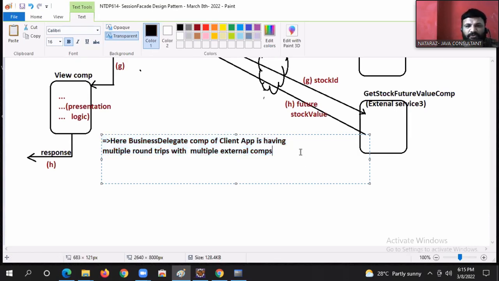Multiple round trips with what? Multiple external components. Multiple round trips with multiple external components, guys.